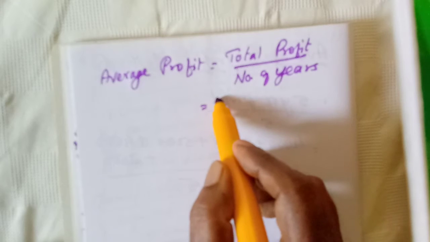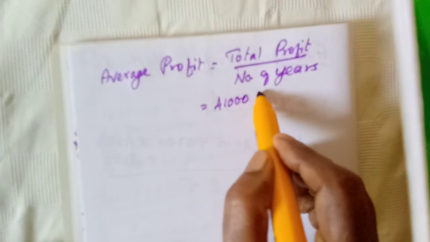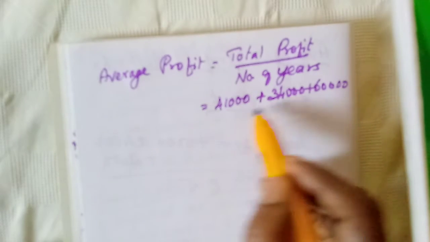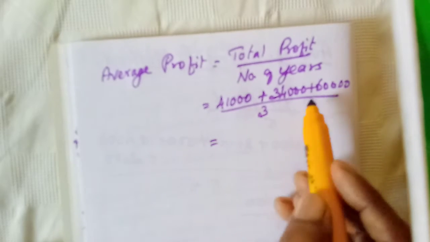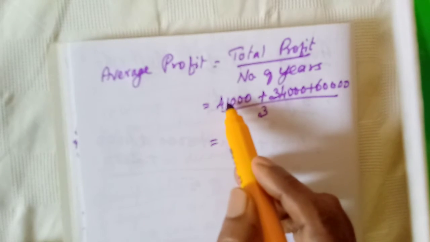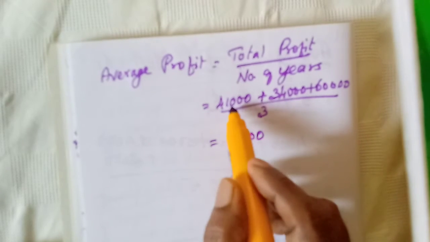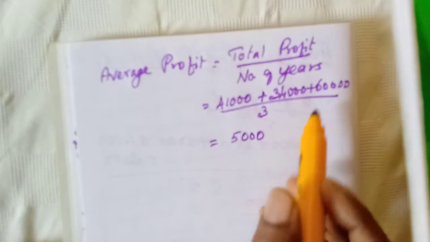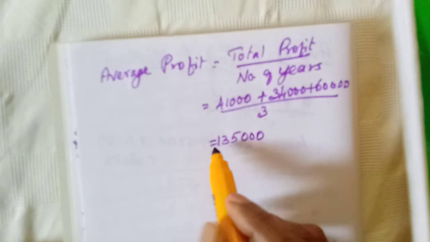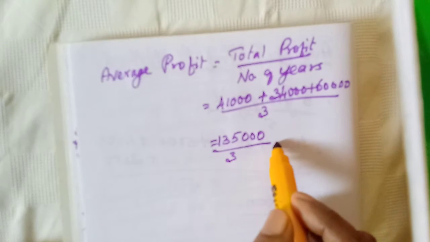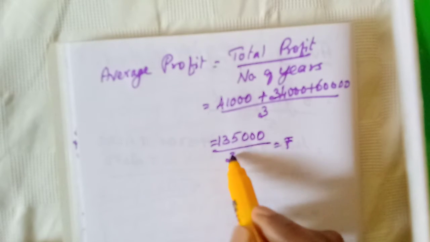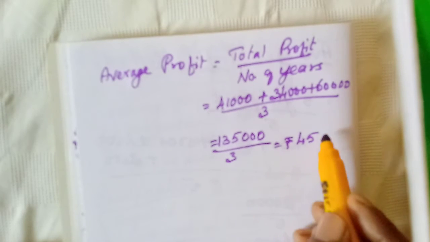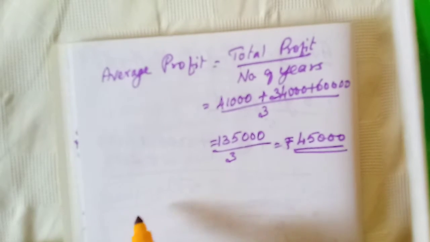Total profit: 41,000 plus 34,000 plus 60,000, divided by 3. Adding, we get 1,35,000 divided by 3. Now you calculate: four 3s are 12, balance 1, 15, five 3s are 15. So this is the average profit.